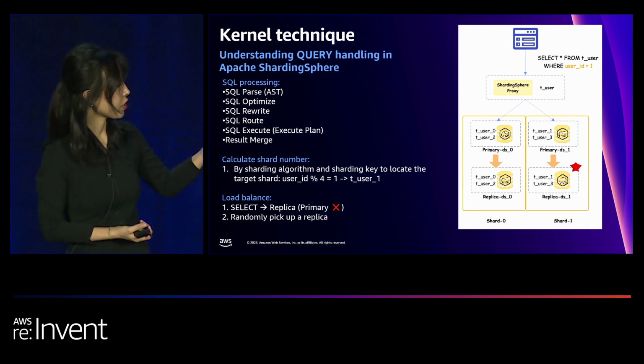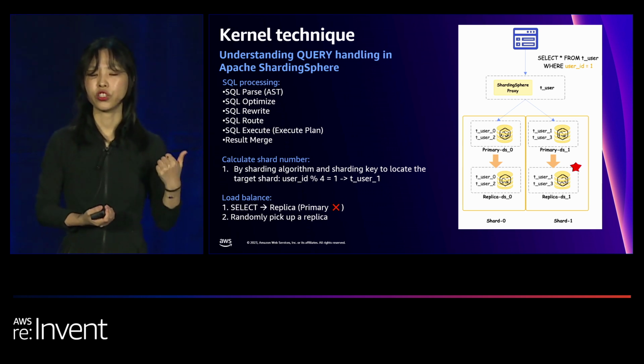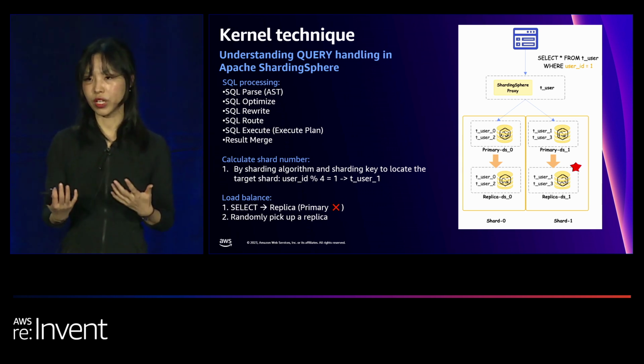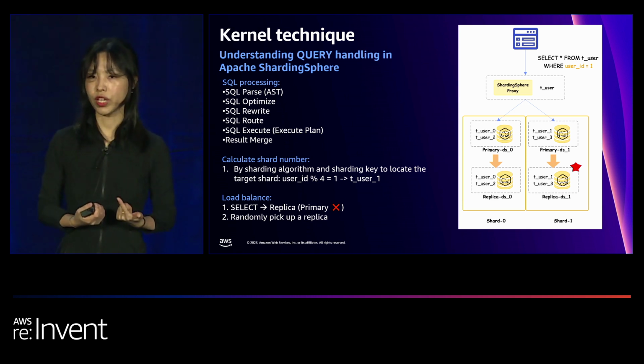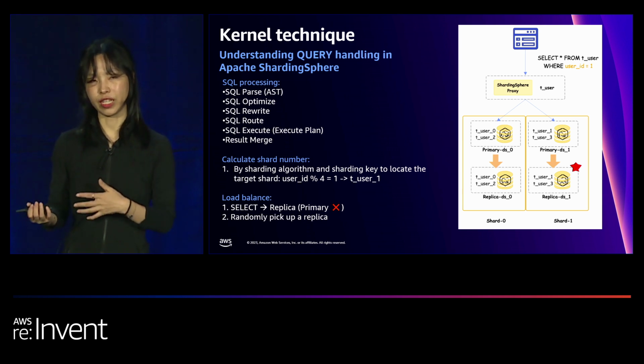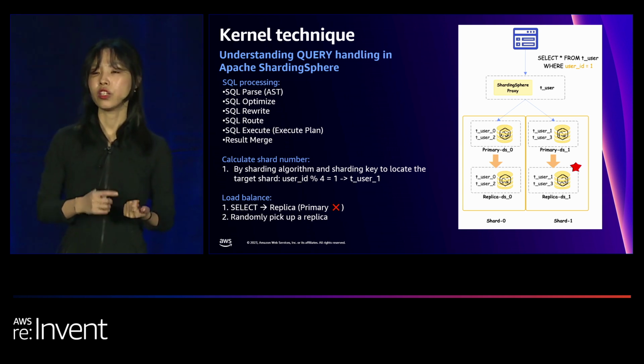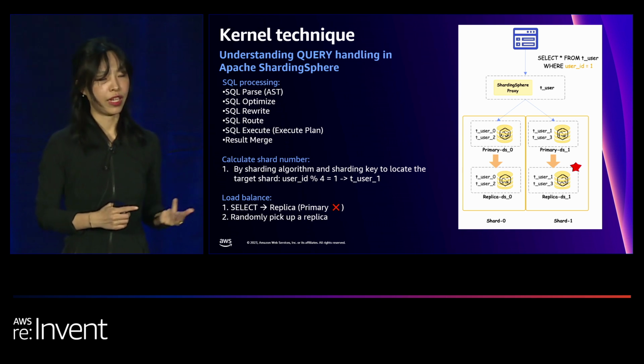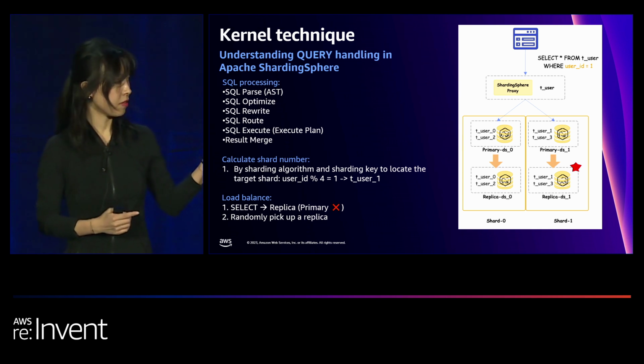But here it's very simple because we just use the sharding key. Sharding key is the primary key, right? And for our sharding algorithm, we just use the mathematics mod 4 to get your data, right? Here we use the sharding key and sharding algorithm to calculate which partition. This case is very simple.